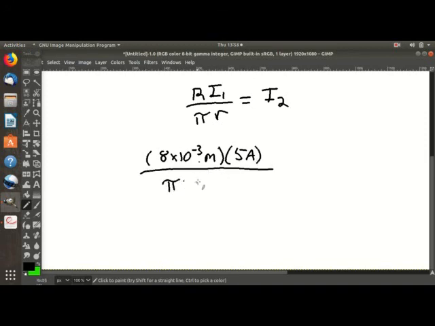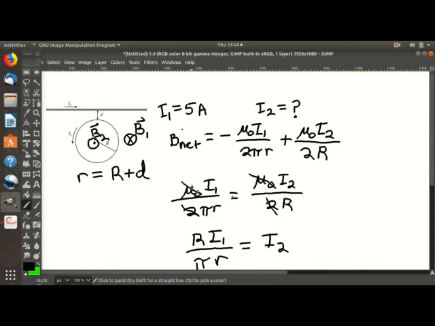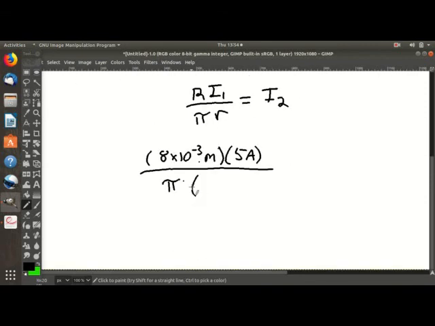Alright, and then we have pi times the second distance, which we remembered is the D plus the capital R. Alright, so the capital R is 8 millimeters, and then my D is 3 millimeters. That equals my second current.